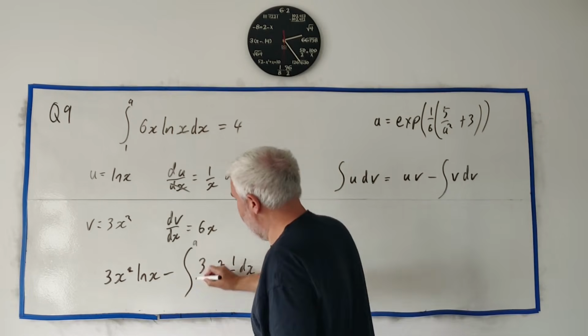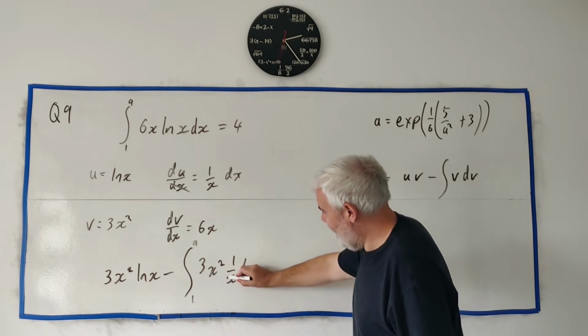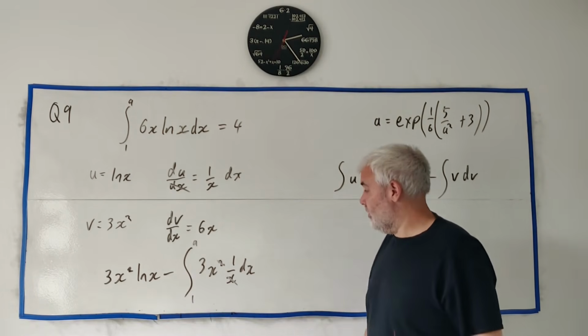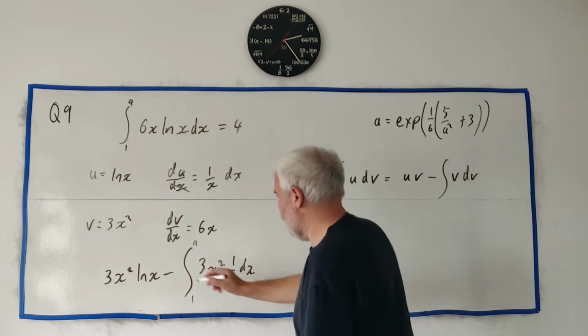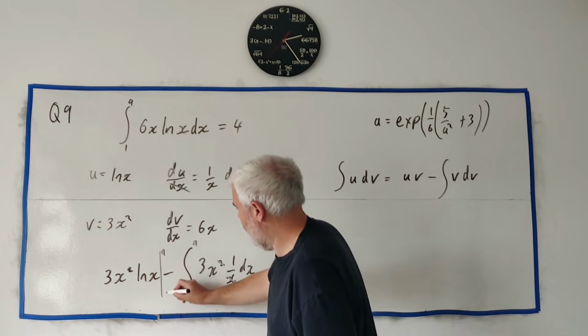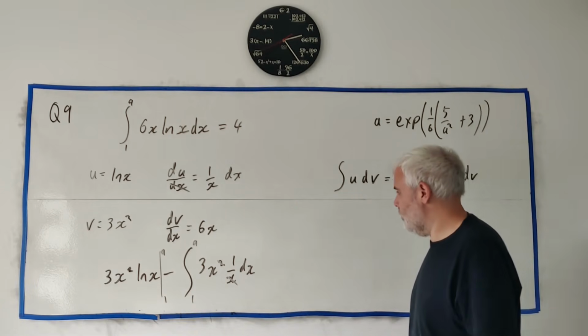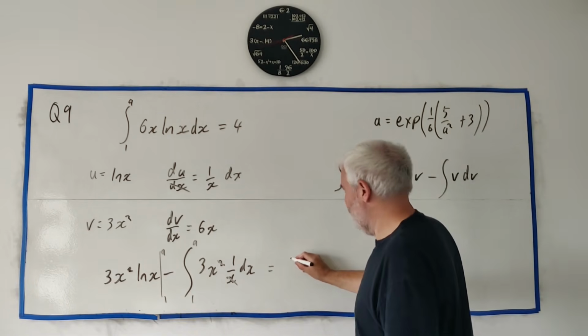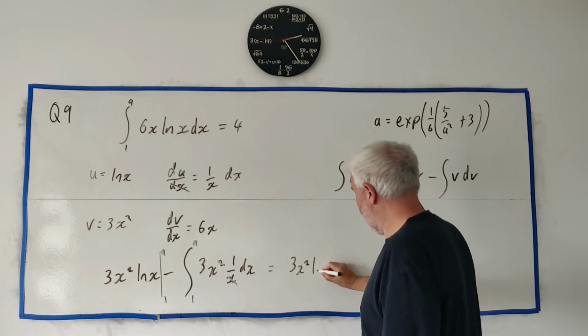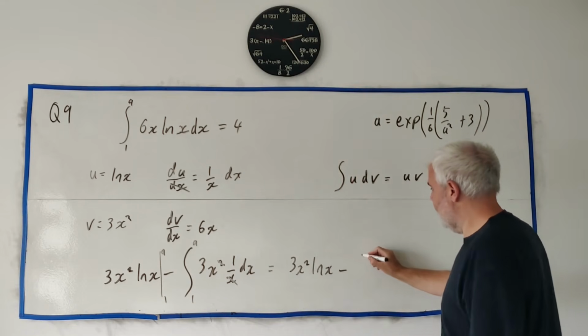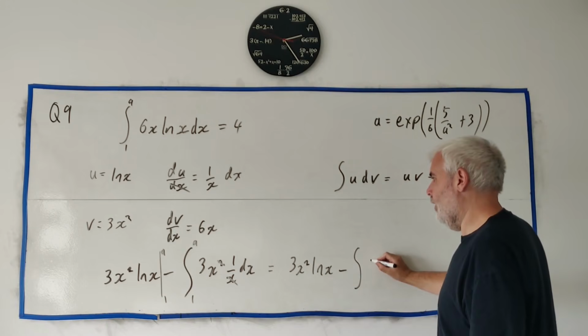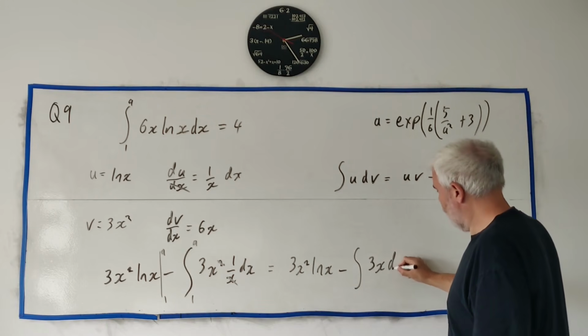This is still between a and 1. But look, this x cancels with one of those x's. So we're just left with, oh, this is also between a and 1. This is getting evaluated between those. Let me clean all that up. We get 3x squared natural log x minus the integral of just 3x dx.